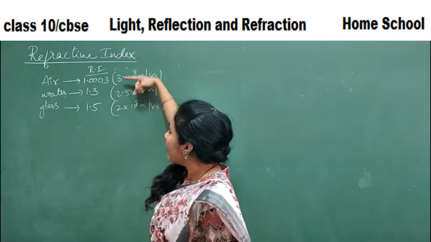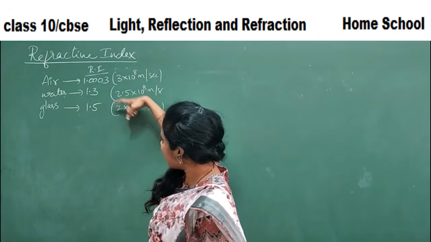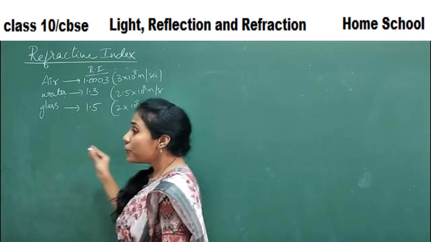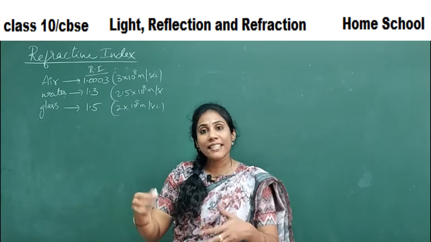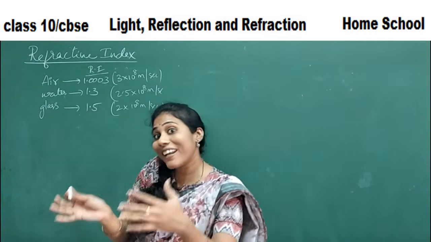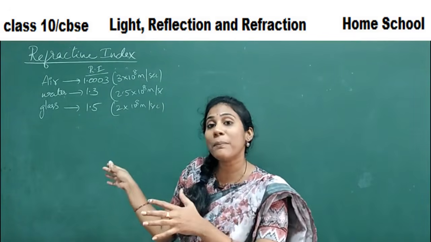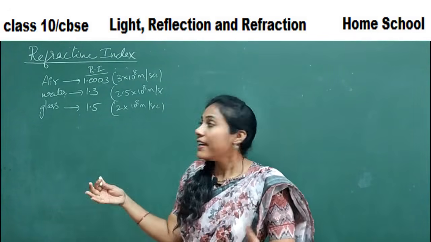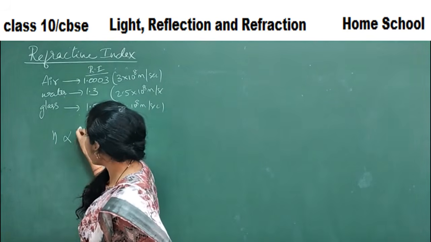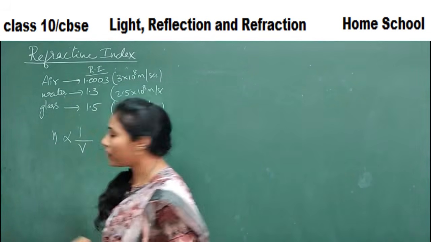You see, guys, as the speed decreases, the value of refractive index increases. Yes or no? So if the speed of light is less in any medium, then the bending of the refracted ray towards the normal or away from the normal is very high. This is how we can always relate that refractive index is inversely proportional to speed of light.